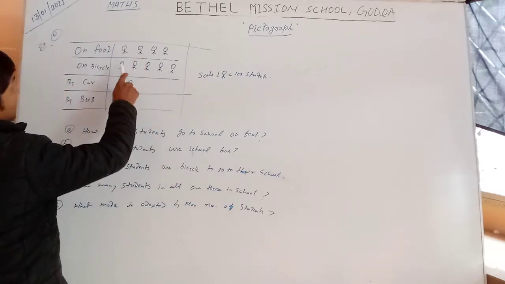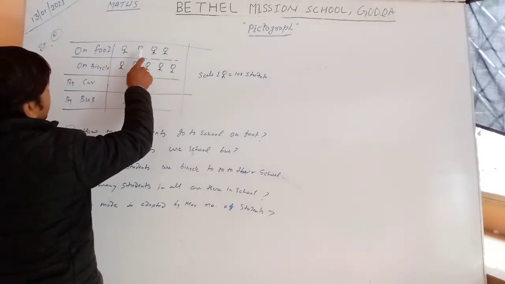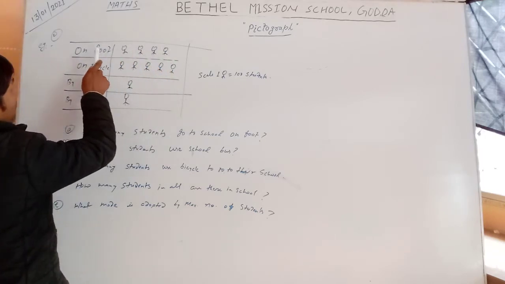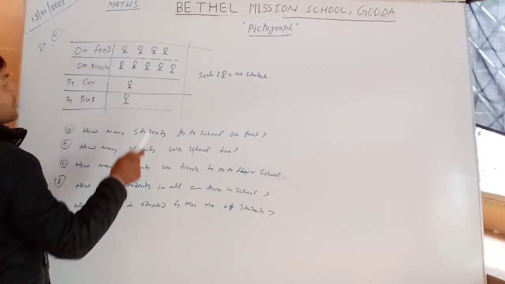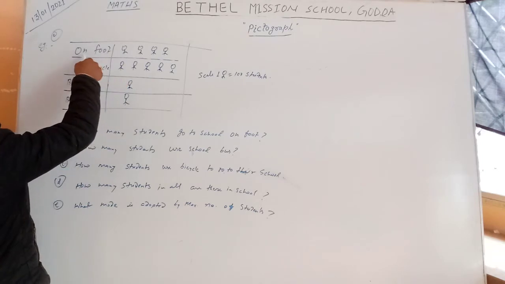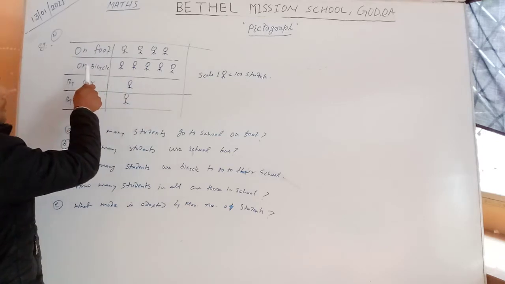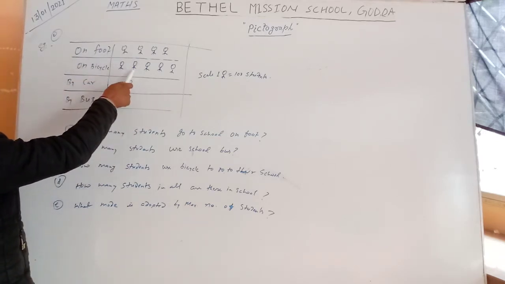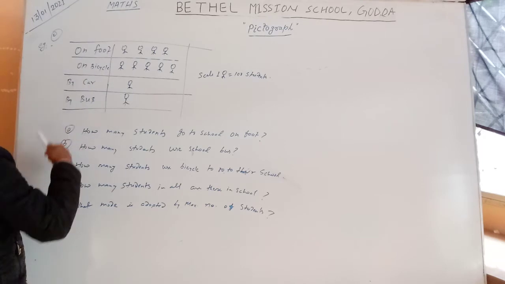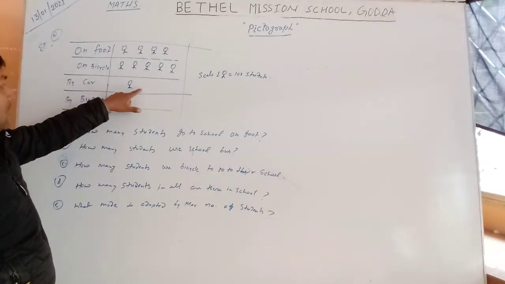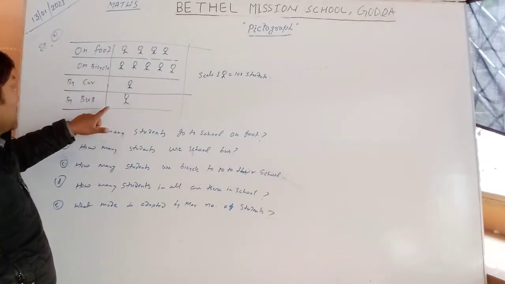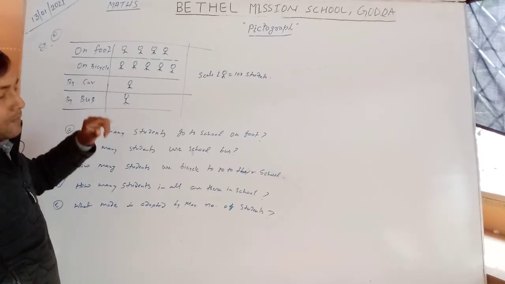This is the number of students who go to school on foot. By this they use a bicycle, by car this information, and by bus this information.